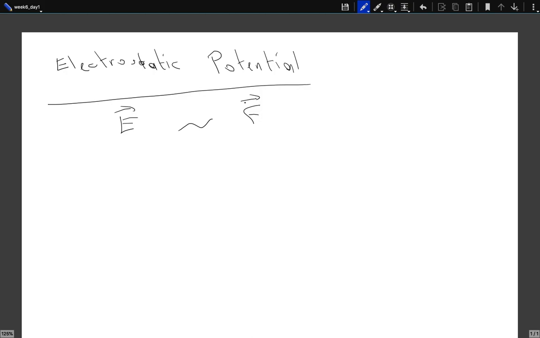And when you put another charge at that point, the force it will feel will be just its charge multiplied by the electric field at that point. Now, a similar relation exists between the potential and potential energy.